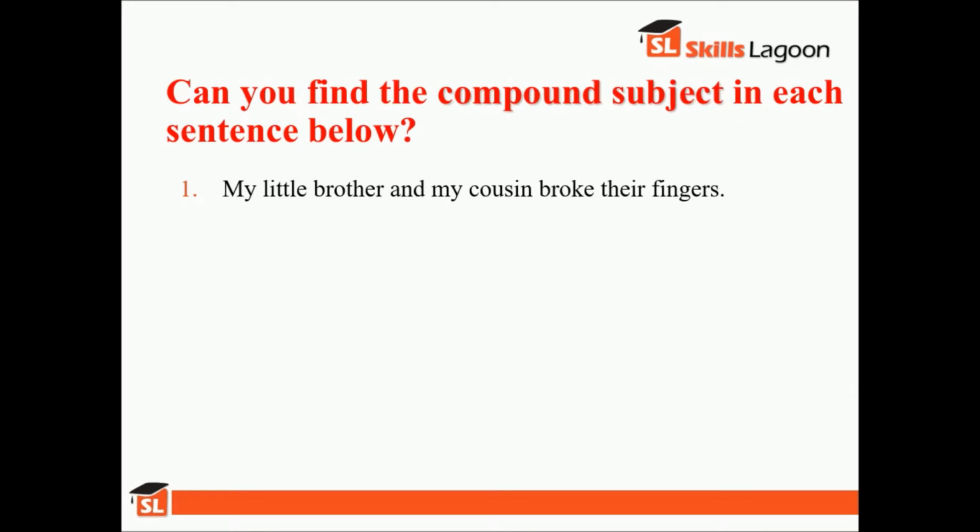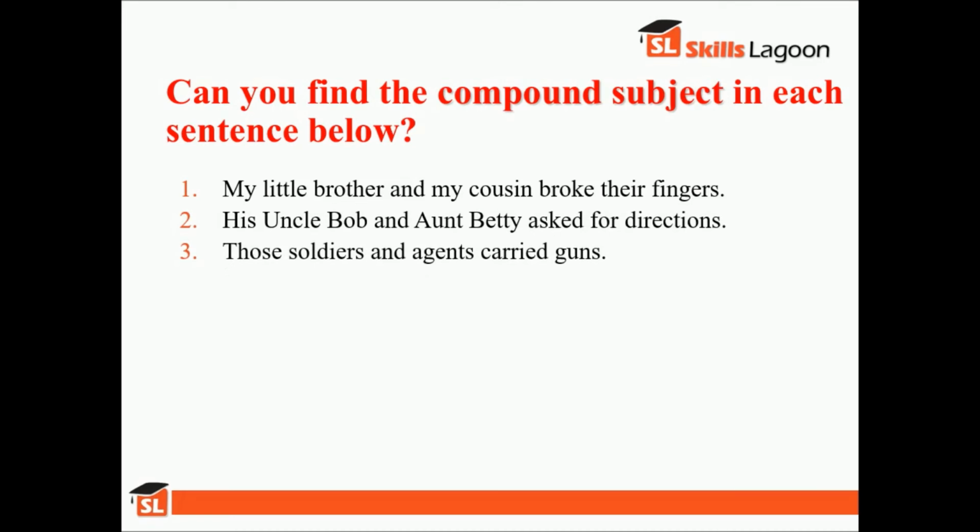Now it's your turn. My little brother and my cousin broke their fingers. His uncle Bob and Aunt Betty asked for directions. Those soldiers and agents carried guns. Our babysitter and her friend arrived late.